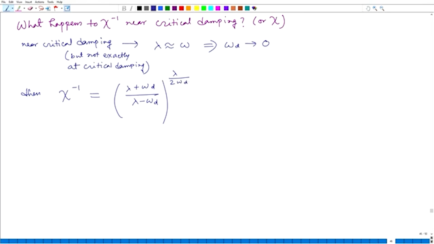So, you see that here omega d and lambda are not very close. Okay. So, you cannot write that as approximately equal to half.